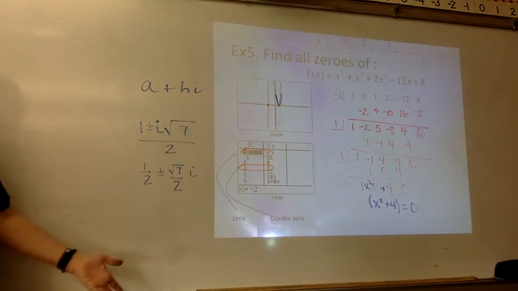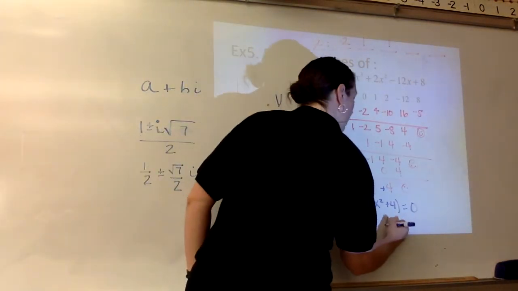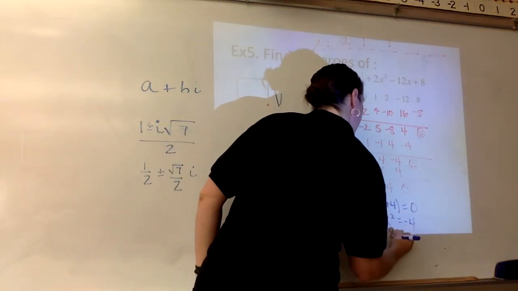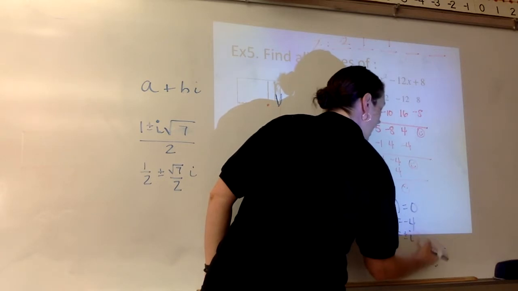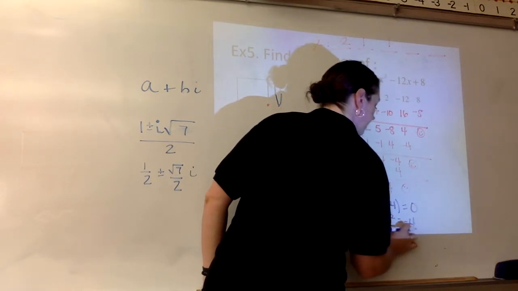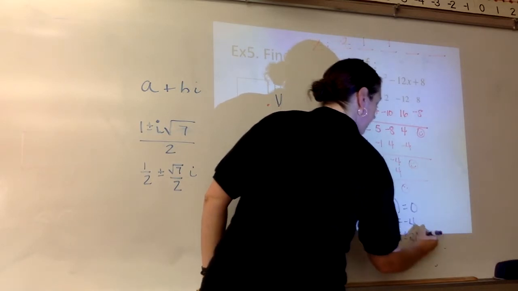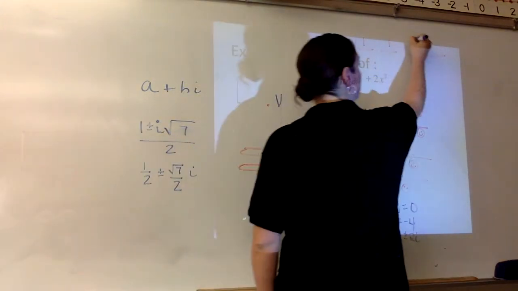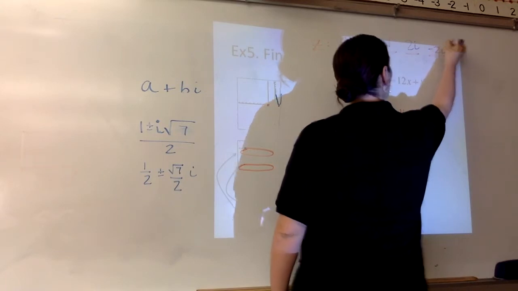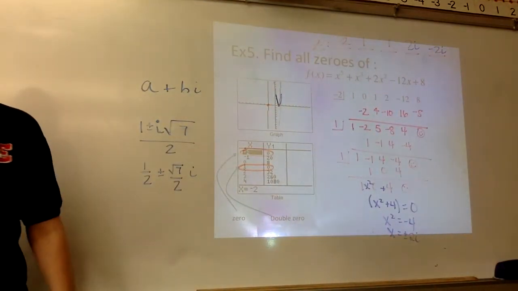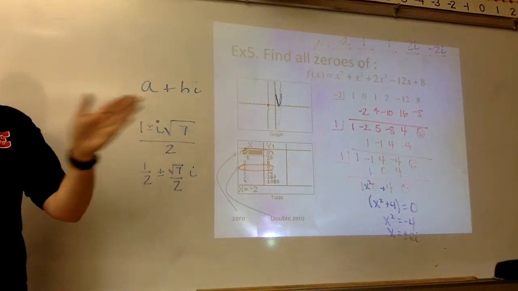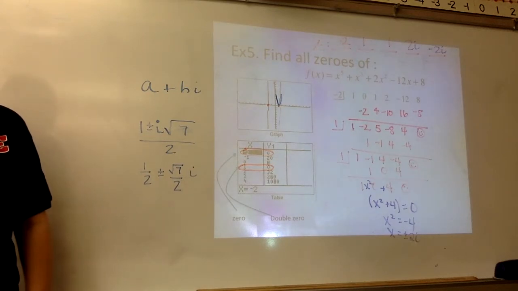Square root method, x squared equals negative 4. What is x equal to? Plus or minus 2i. So there's my 2i and my negative 2i. Yes, you can write them as plus or minus, just illustrating the concept that there are 5 total.